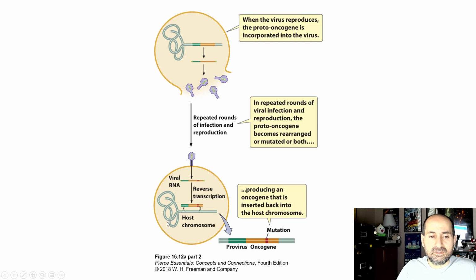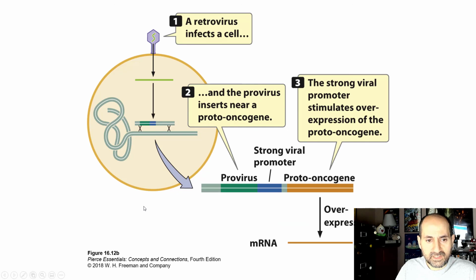Either way, it's because of the virus moving about and causing mutation in your proto-oncogene that your cells now have too much signal. Here you can see another effect of viruses. So here your virus infects your cell with the RNA. It gets reverse transcribed to DNA. In this case, look what it does.